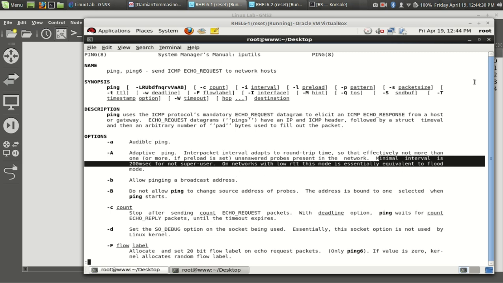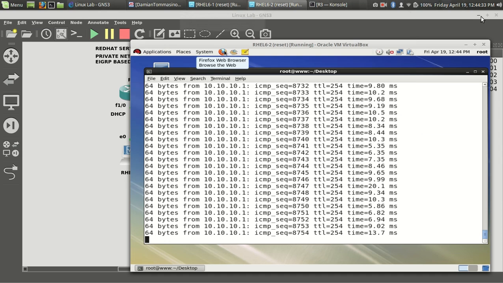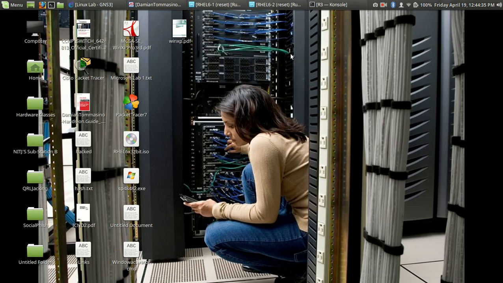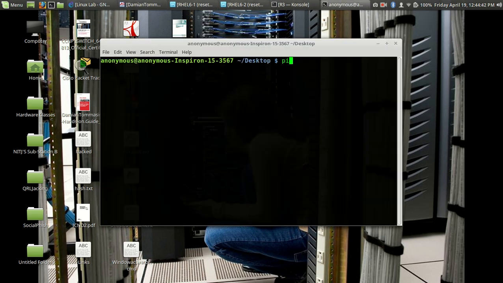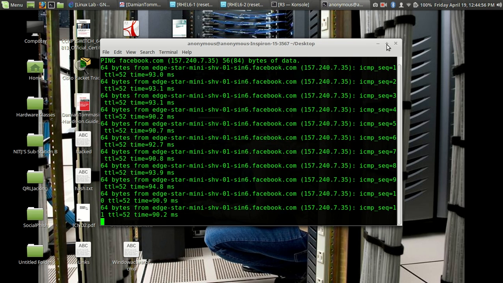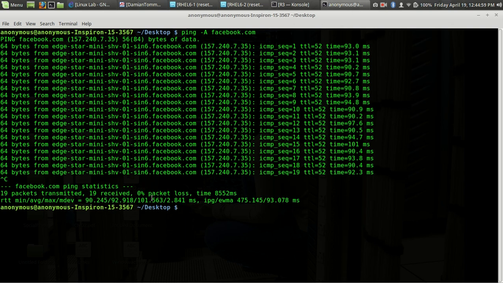So in my real scenario, if I go to my host machine and send the very same ping to Facebook, look, RTT does not go beyond 200.